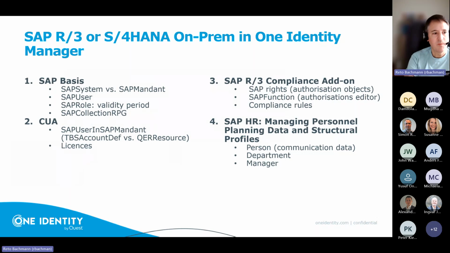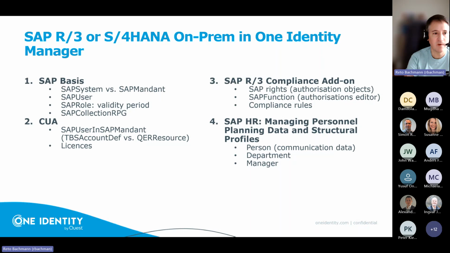On our side, as you have seen from Simon and also from Ingvar already, how the schema looks. On the SAP basis side, we have these subsystems. As you have seen today, it also has a naming convention on our side. Everything which starts with SAP is obviously used for SAP.